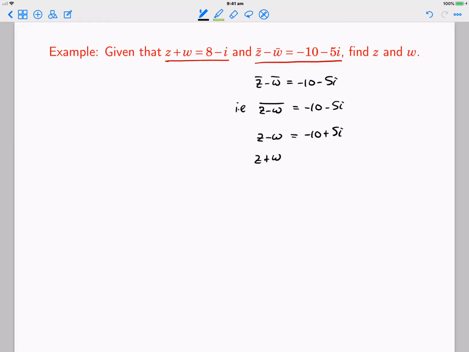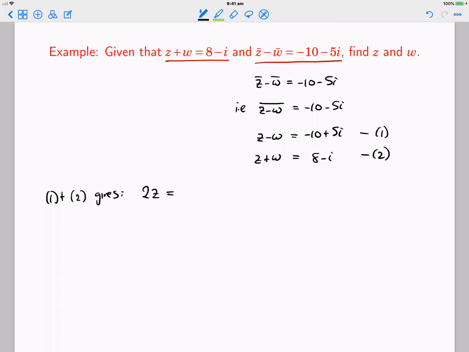We're given z plus w is 8 minus i. And now, as you can see, I've got two equations with two unknowns. So I can solve this simultaneously fairly easily, right? I've called these equations 1 and 2. If I add equations 1 and 2, what's going to happen is the w's are going to cancel.